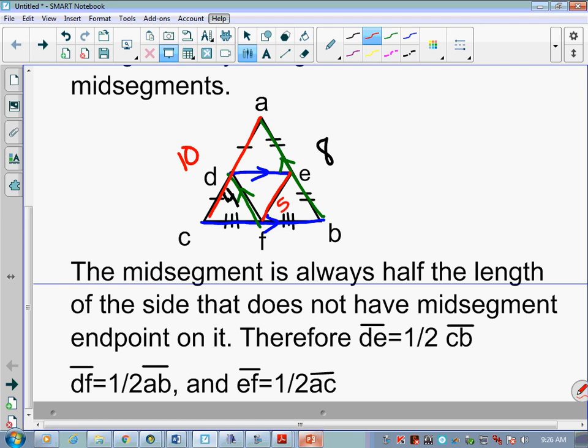So it works in both directions. If I know the whole length, I can find the midsegment length. And that term midsegment should give me the clue that it's going to be half. It's made up of midpoints, which are half the distance. So it's no surprise when a midsegment is half the total segment.